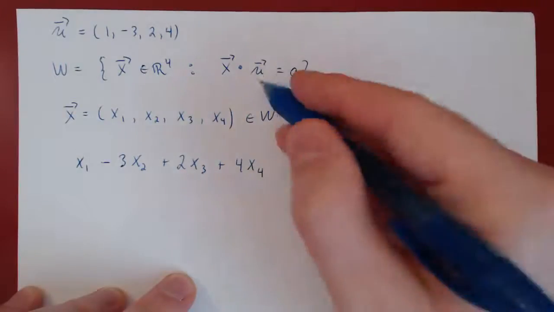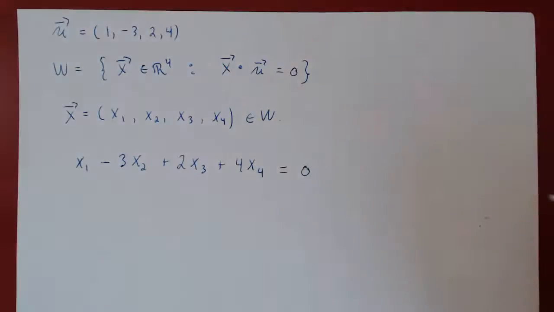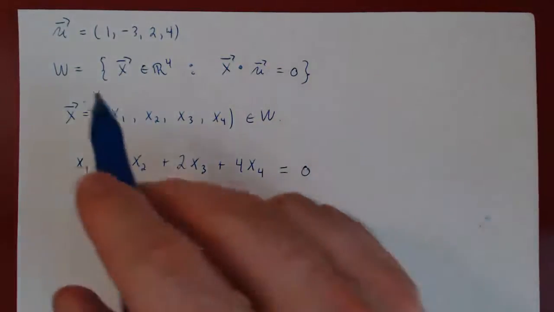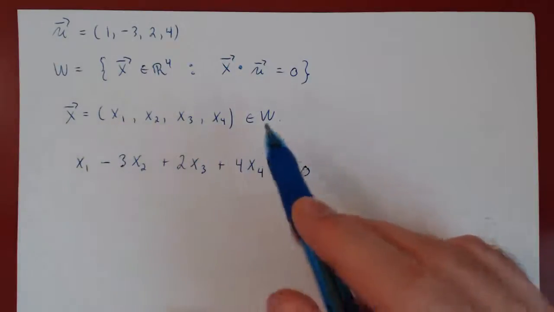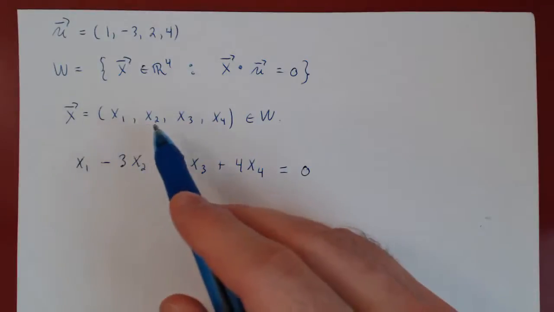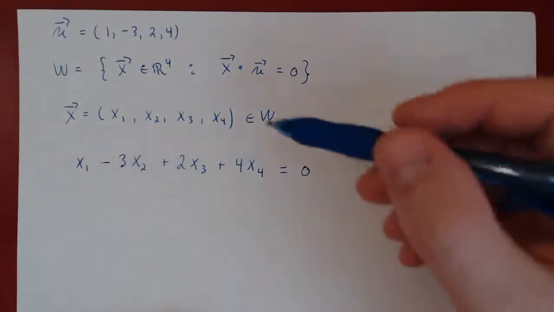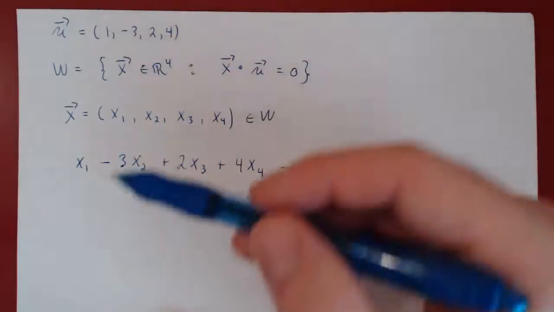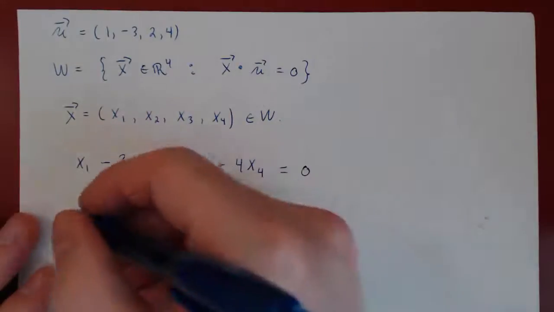And this is u dot x, and that must be equal to 0. And you see, we are saying that the vectors in W, vectors in R4 with 4 components, satisfying this equation, are simply the vectors whose entries are the solutions to this linear equation. So to find the vectors in W explicitly, we must solve this linear equation.